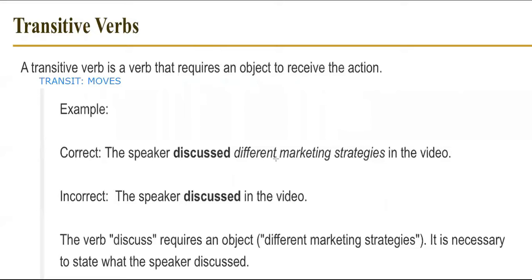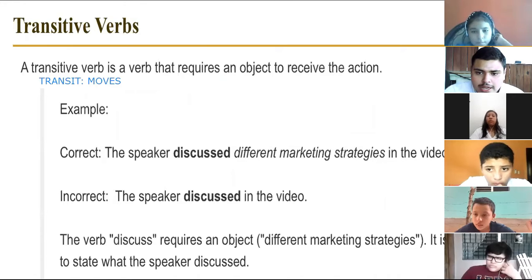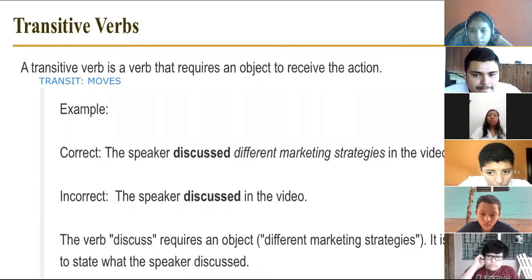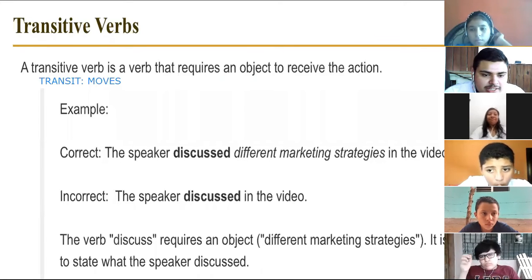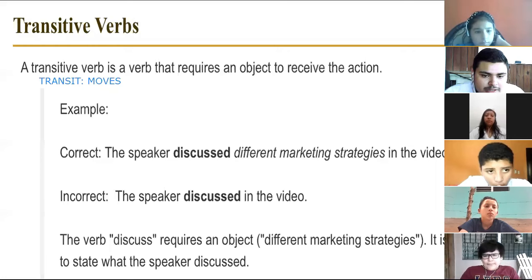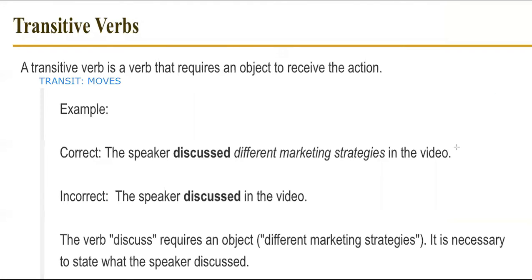The speaker discussed different marketing strategies in the video. First of all, I want to ask Hillary. Hillary, you can unmute yourself. In the first sentence that says the speaker discussed different marketing strategies in the video, which is our subject?